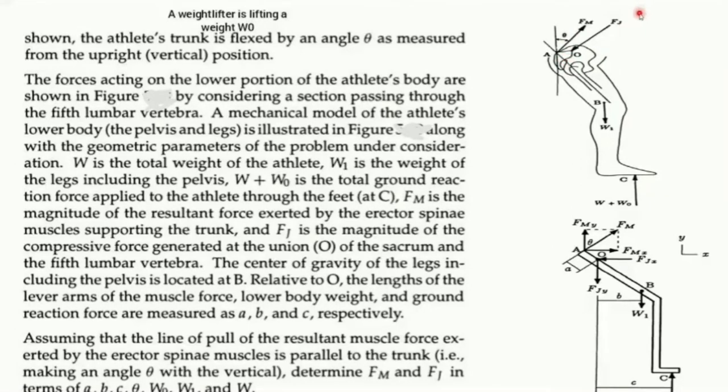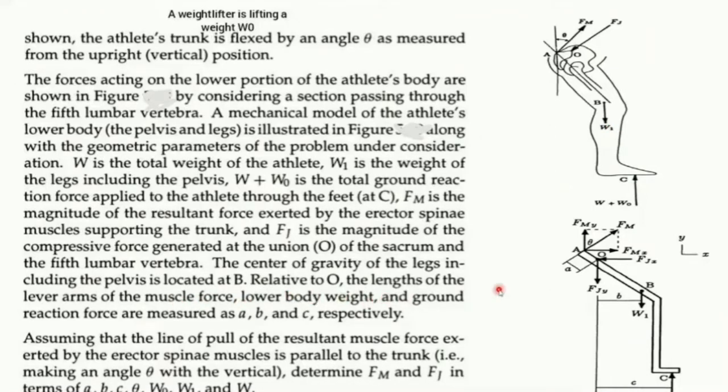Here the force Fj is acting, and Fj, as mentioned, is a compressive force. So the direction of Fj is towards the pelvis, right? Fm and Fj are two opposing forces, so Fm acts in the opposite direction. The center of gravity of the legs, including the pelvis, is located at B. Hence, W1 acts perpendicularly downward.